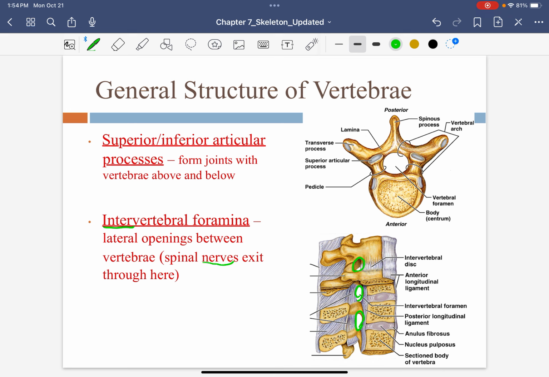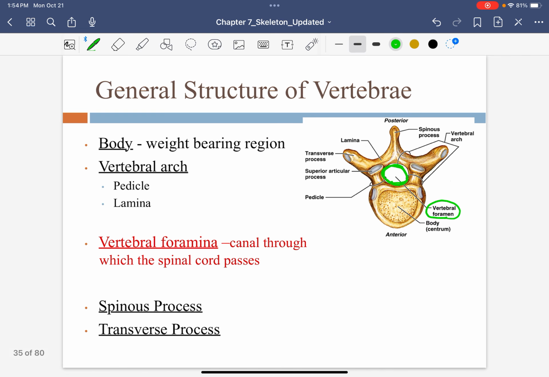Sciatic, for example, is a good example for you to remember. Lower in the lumbar region, the sciatic nerve comes out of one of the intervertebral foramen. So these are the holes on the side formed by stacking vertebra. Whereas the vertebral foramen, not intervertebral, is the hole in the middle for the spinal cord.